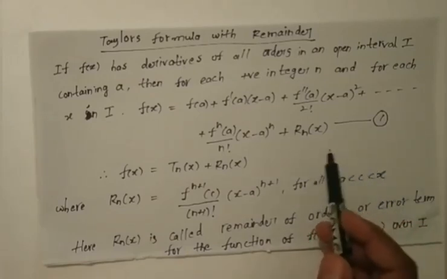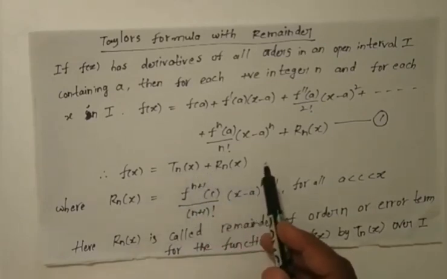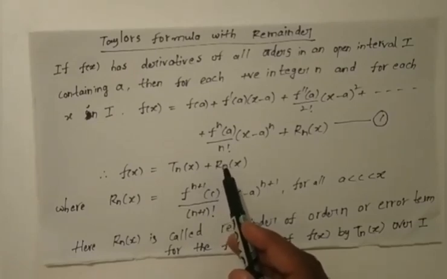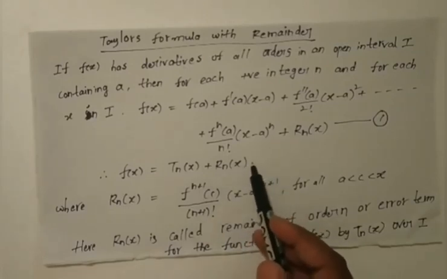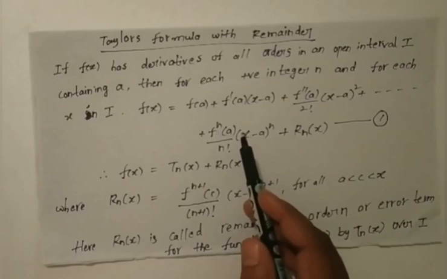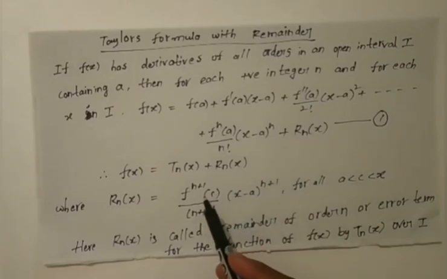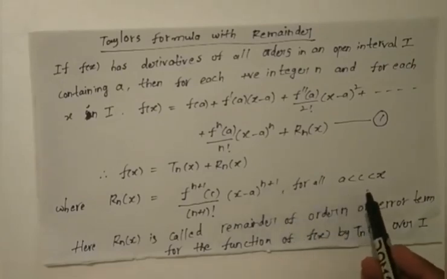Here equation 1 can be written as f of x equals Tn of x plus Rn of x, where Tn of x is equal to f of a plus f dash of a into x minus a plus f double dash of a by 2 factorial into x minus a whole square plus so on plus f power n of a by n factorial into x minus a whole power n. Here Rn of x is equal to f power n plus 1 of c by n plus 1 factorial into x minus a whole power n plus 1, for a less than c less than x.